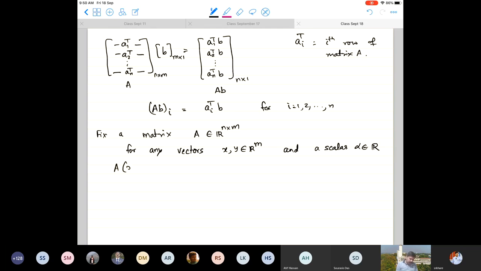So A into x plus y. That's what I want to look at. So what is A into x plus y really? In this notation, this really is a vector of length n, where you have the first entry as A1 transpose (x plus y), the second entry as A2 transpose (x plus y), the last entry as An transpose (x plus y).